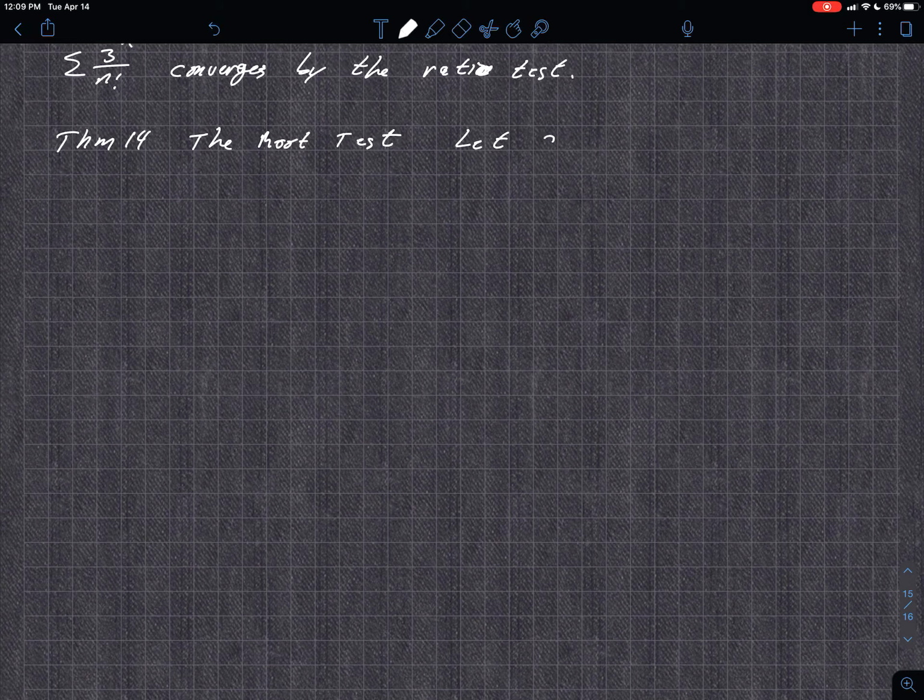All right, so for the root test, same hypothesis to start. Let a sub n be greater than 0 for all n.